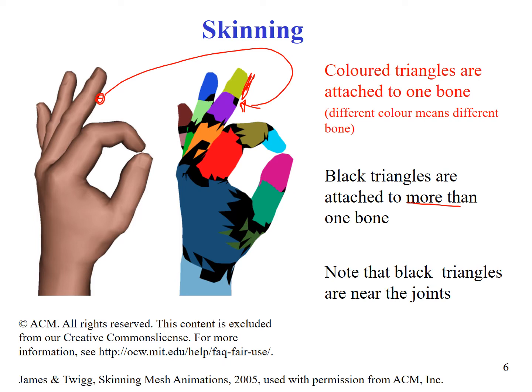That means these vertices are affected by more than one bone, which would be the bone associated with this part as well as this part. The same goes for points over here, which will have a stretching effect, and hence these vertices are colored black. And so we see the black triangles clustered near the joints.